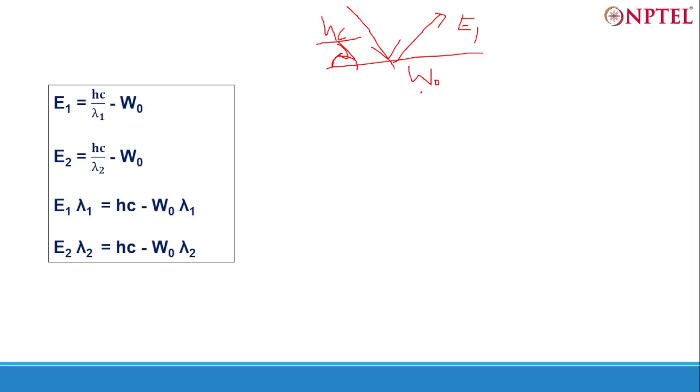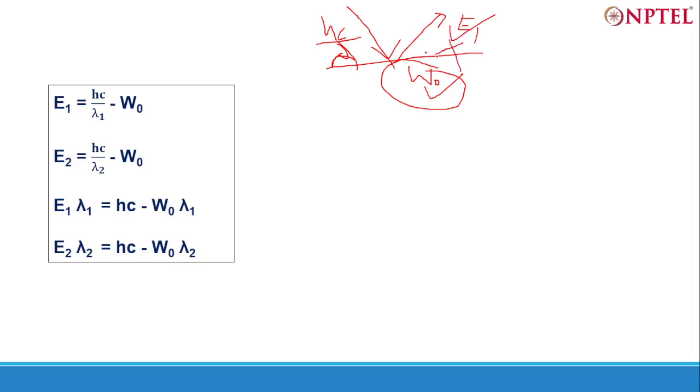It must be W naught. Whatever energy is coming, hc upon lambda, must pass the work function of the metal plus the energy carried by the electron.